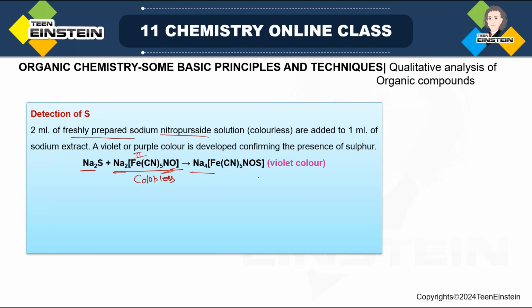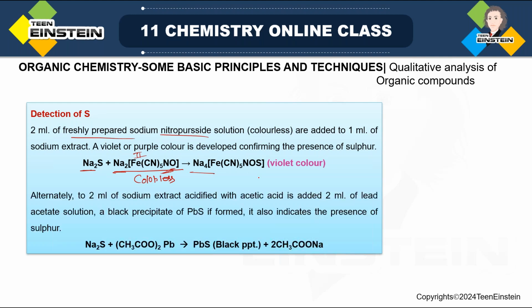So this is the first test that you can do for sulfur, but that is not the only test. You can also do another test for sulfur. So this is number 1, this is number 2.